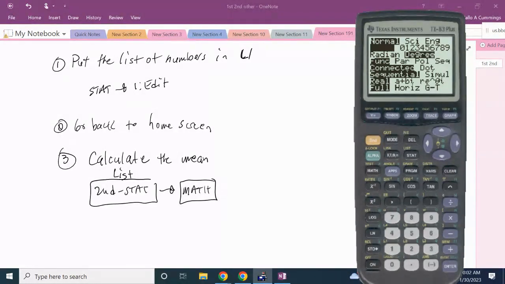Nothing is highlighted now, so that means it'll just spit out all the decimals as many as the calculator can hold. But if you wanted to round to 1 decimal place, I can go into float and highlight 1. And I just hit enter. Now 1 is highlighted where there wasn't anything highlighted here before.